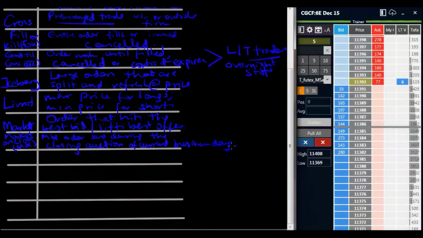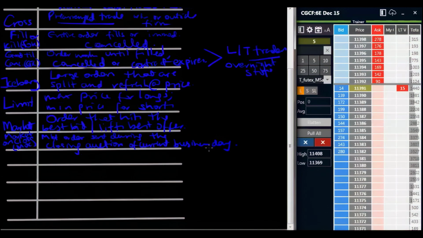And you can obviously put these MOC orders at any period of the day. They can be entered at any time during the day, so it doesn't necessarily have to be put in at the close. You can just say this is a market on close order at the closing auction. Let's say within the last 5 to 10 minutes or 2 to 5 minutes, those orders are going to go through.